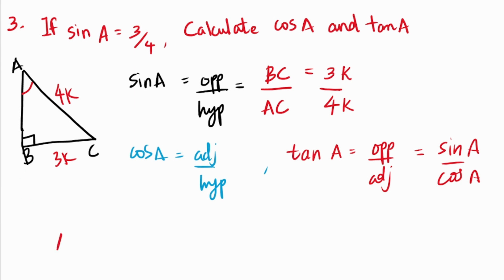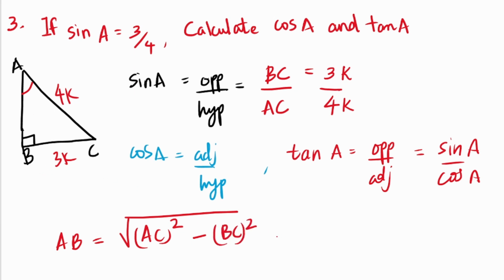So finding AB, we will be doing AC square, which is hypotenuse, minus the opposite side BC square. Pythagoras.